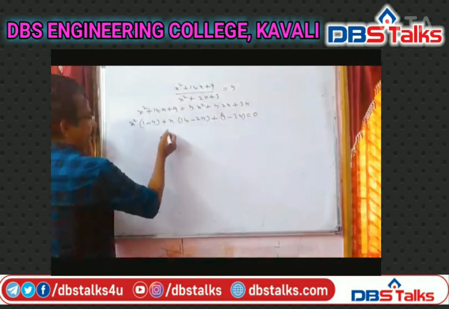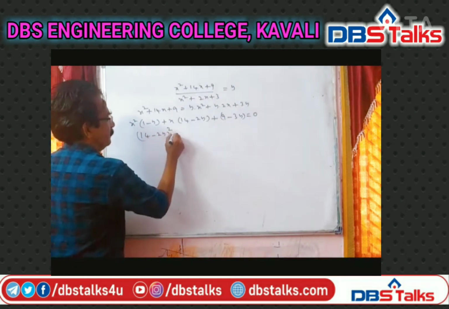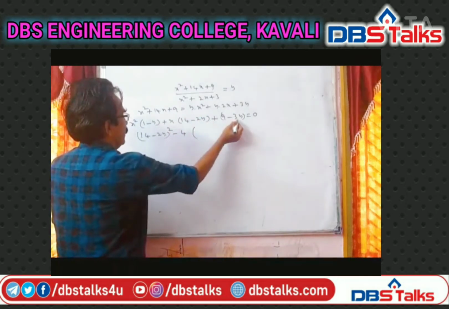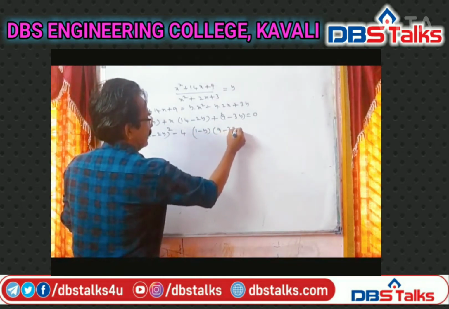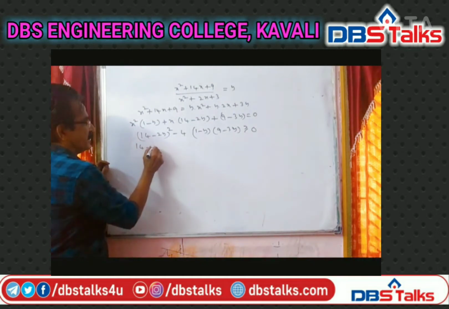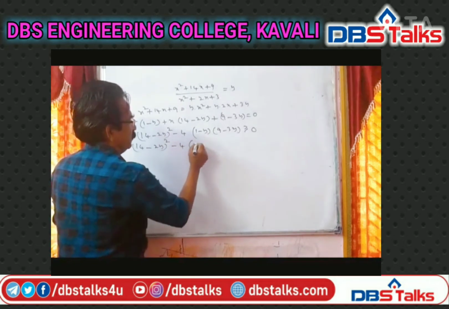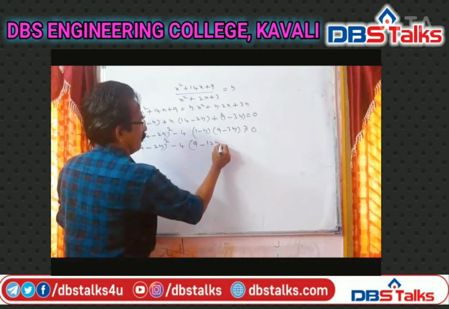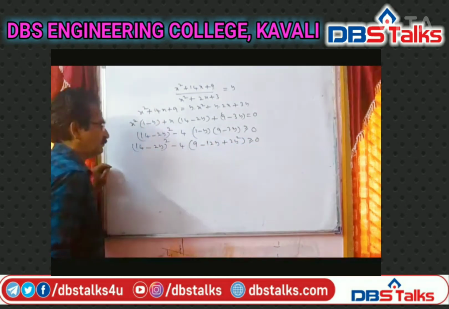Okay friends, b^2 is (14 minus 2y) whole square, minus 4 into ac, (1 minus y) into (9 minus 3y), greater than or equal to 0. (14 minus 2y)^2 minus 4 into 1 into (9 minus 3y minus 9y plus 3y^2) greater than or equal to 0.